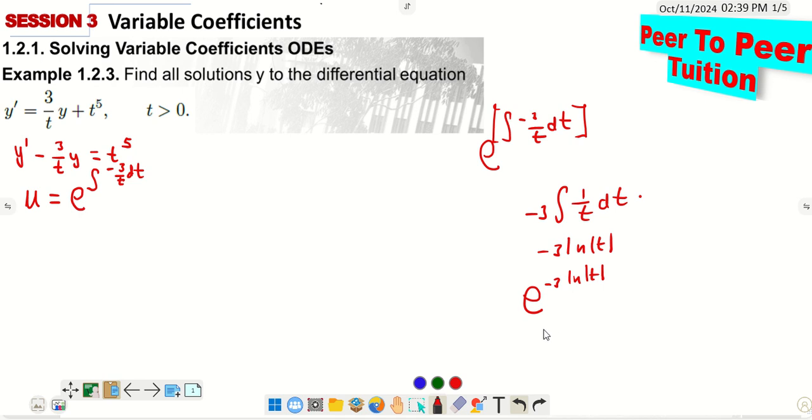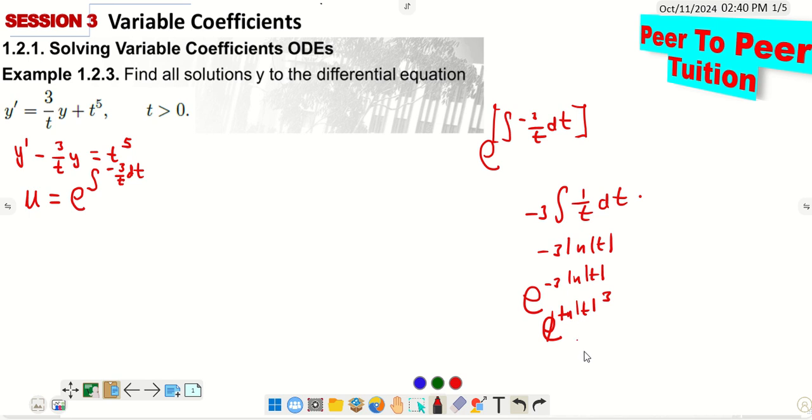So we are going to get e to the power the natural logarithm of t to the power 3. And we know that the e will cancel the natural logarithm.